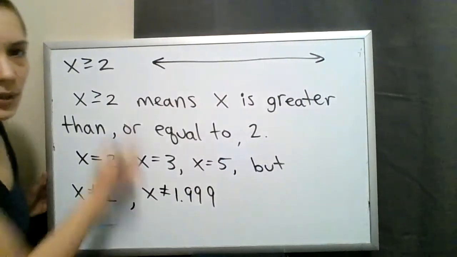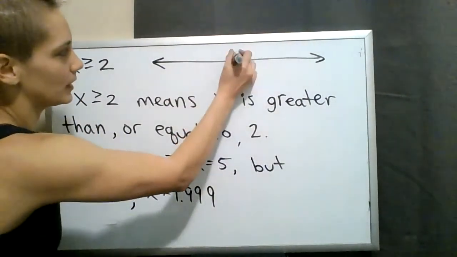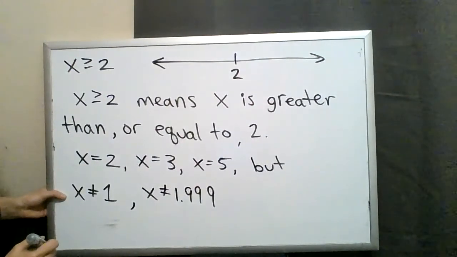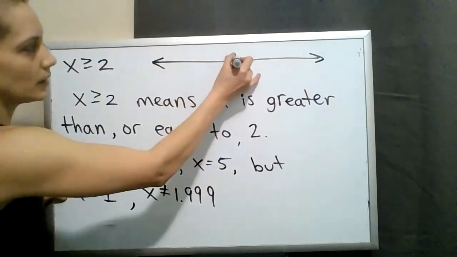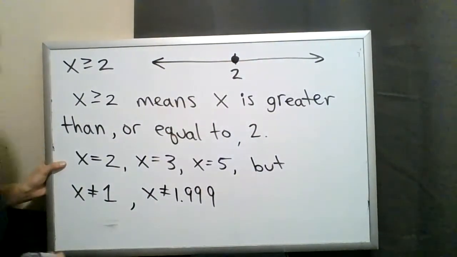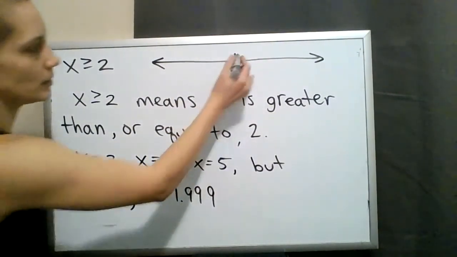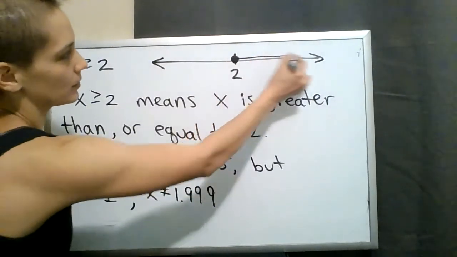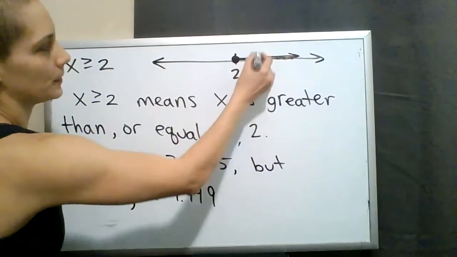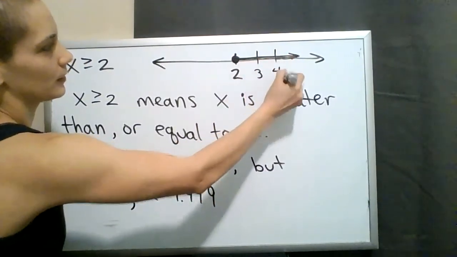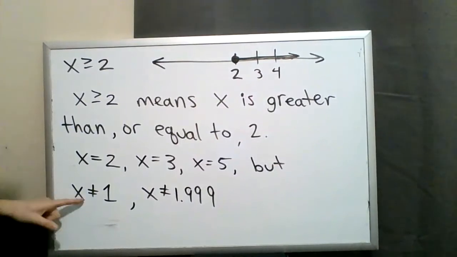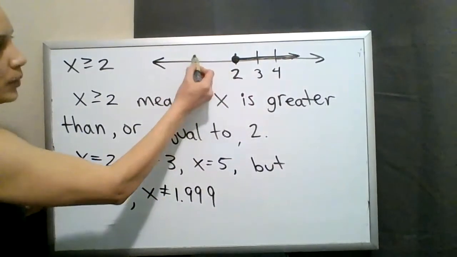Okay, so we're going to place 2. Let's put it right here. And we will include 2 and numbers greater than 2. So 2 and greater than 2. But we're not going to shade over 1.